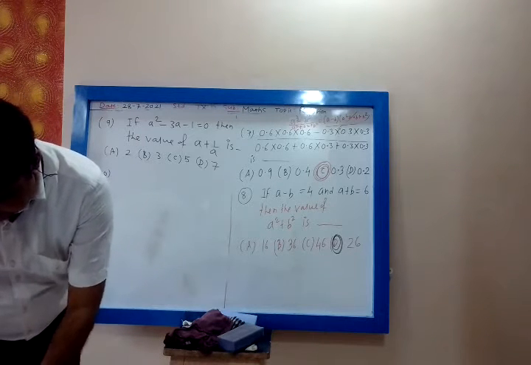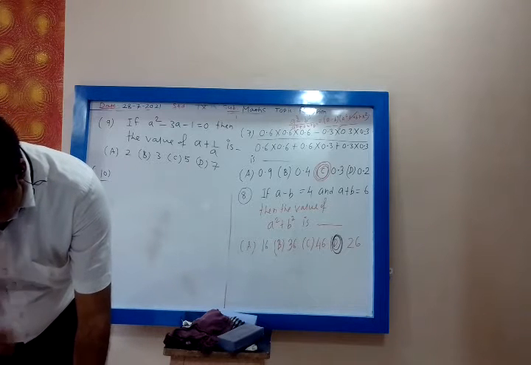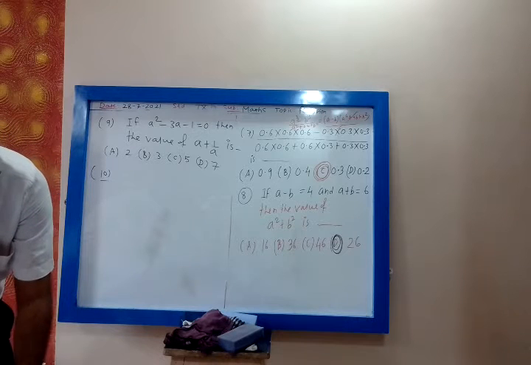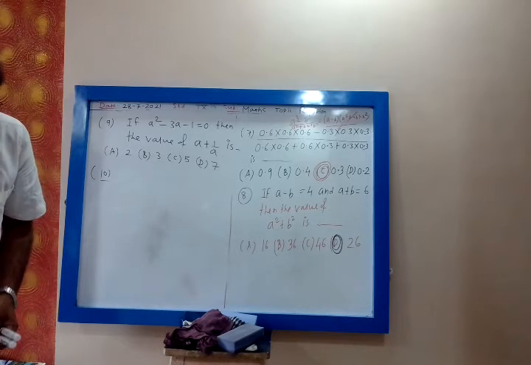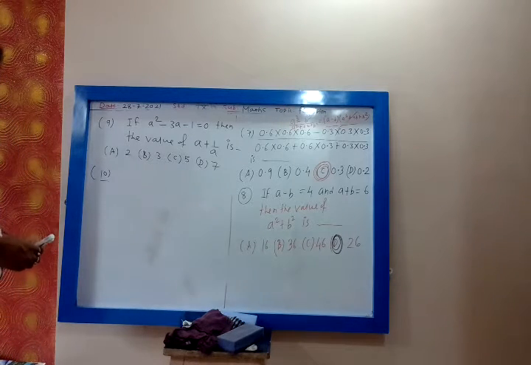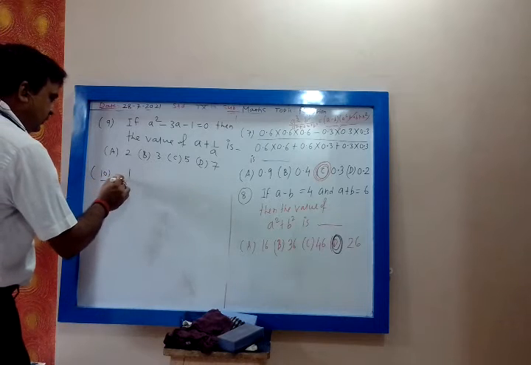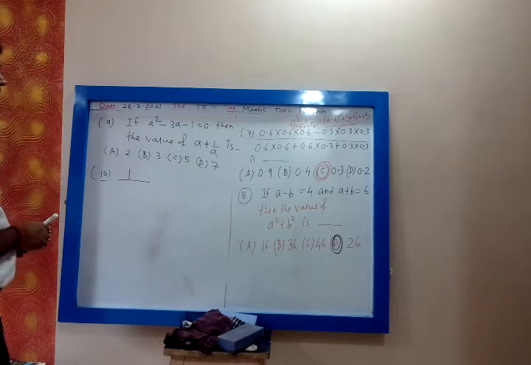Then, let me take few questions from rational number also. Then 10th one, 1 upon, yes, one of the answer is 3.